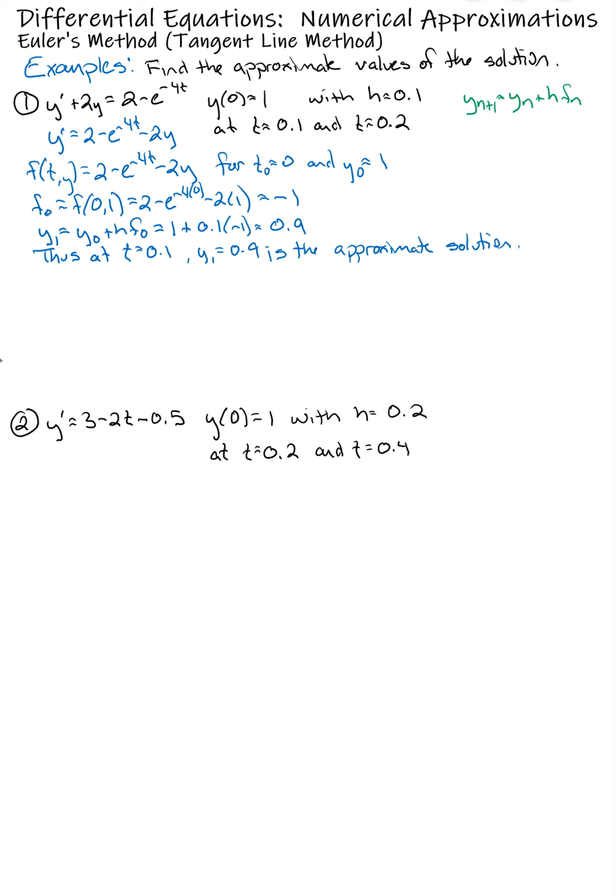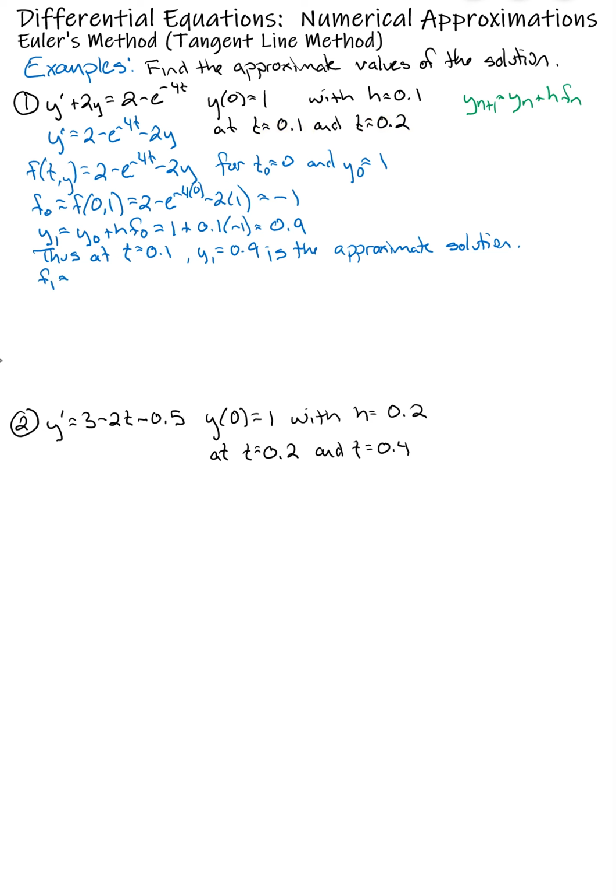All right, so that gives us the first one, at t equal to 1/10, and we also want to find a solution at 2/10. Well, we'll go ahead and use this solution to find f1.